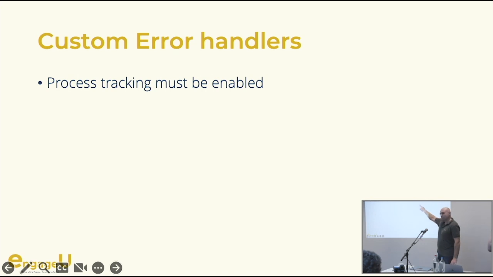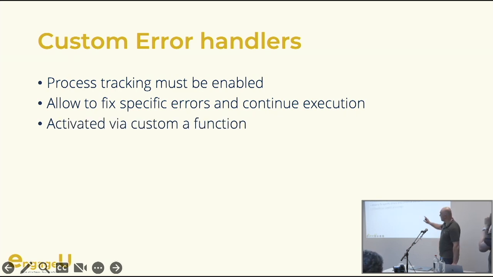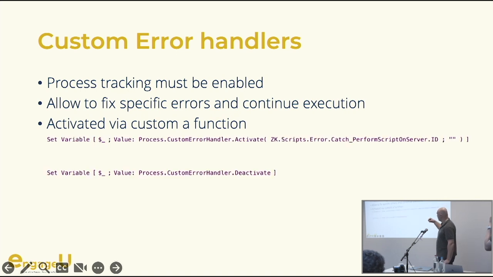So we have added custom error handlers. Our developers can add custom error handlers. They are designed to fix specific issues that they can fix, because the default error handler doesn't need to fix anything. And again, they're activated via a custom function. Whenever you're in your code, you anticipate that your subscripts or whatever can create a certain error, and you know how to respond to that error.